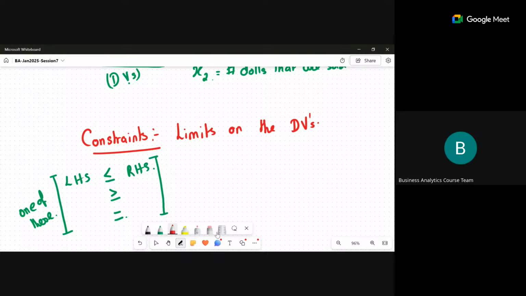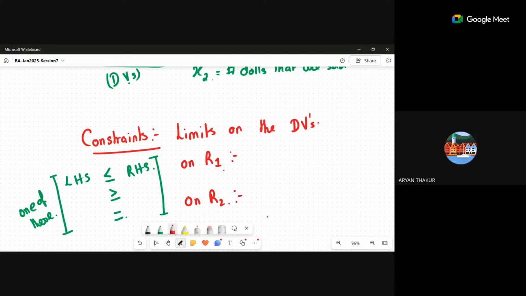Anyone? They are constrained on raw materials R1 and R2. So constraints are always on the raw materials. So a constraint on R1 and a constraint on R2. So what is the constraint on R1? What is the constraint on R2?